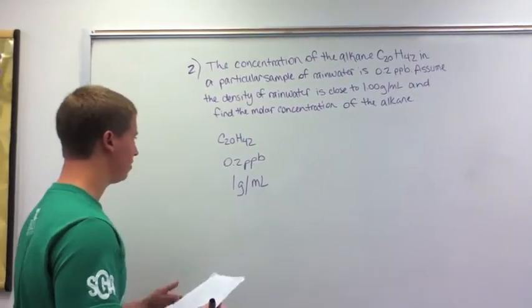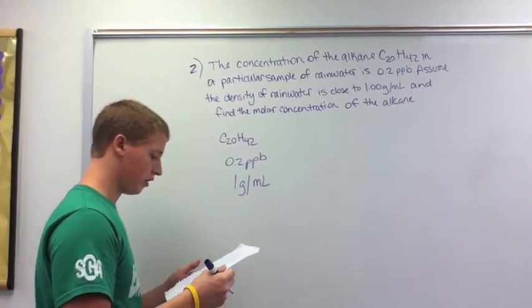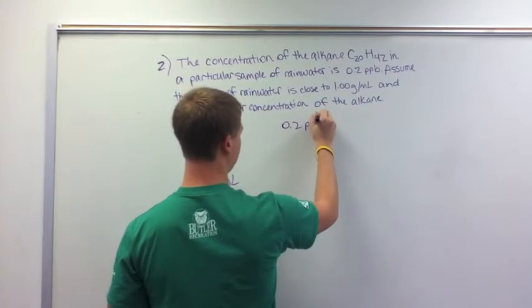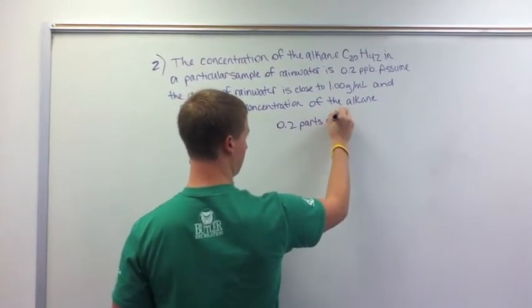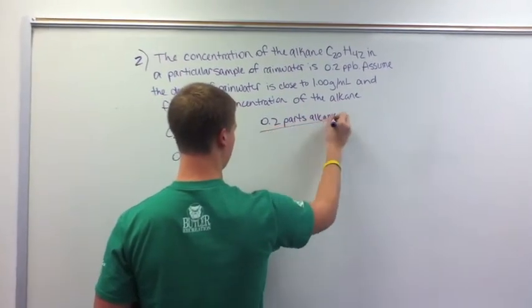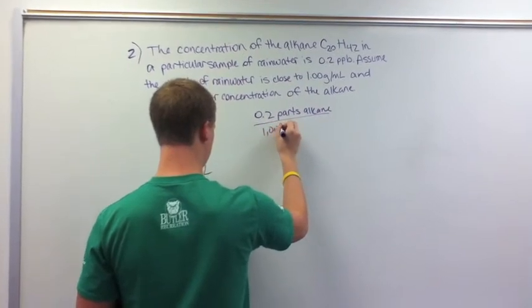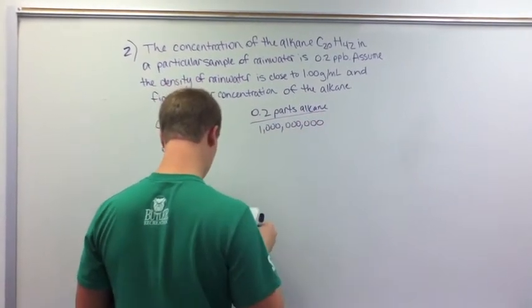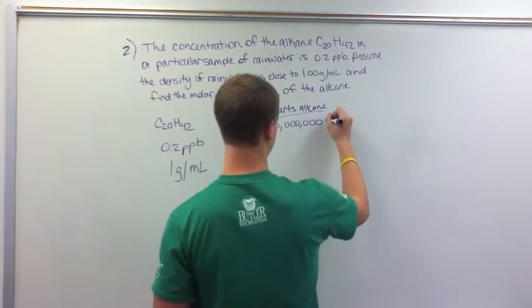So you can break down the 0.2 parts per billion into 0.2 parts alkane over 1 billion parts H2O.